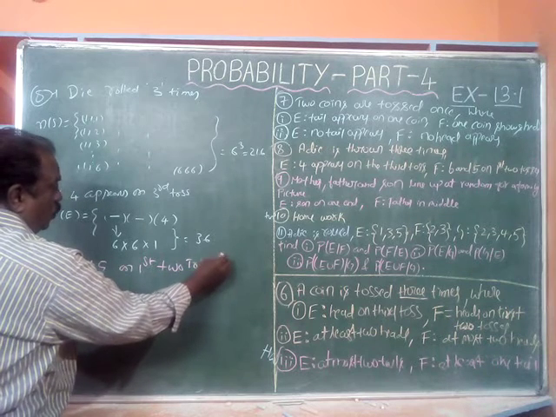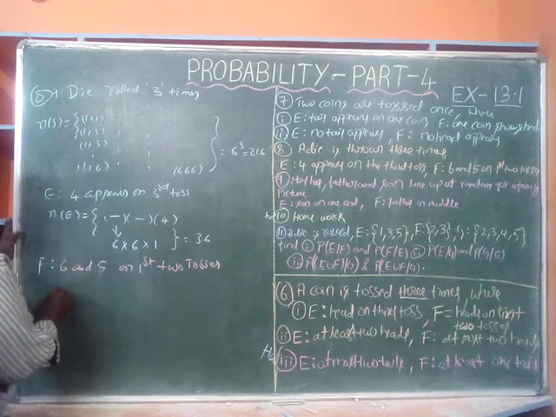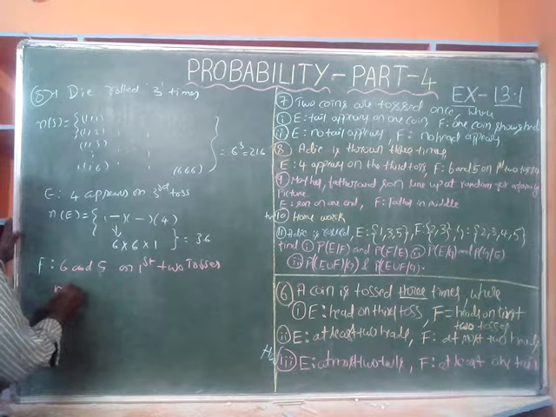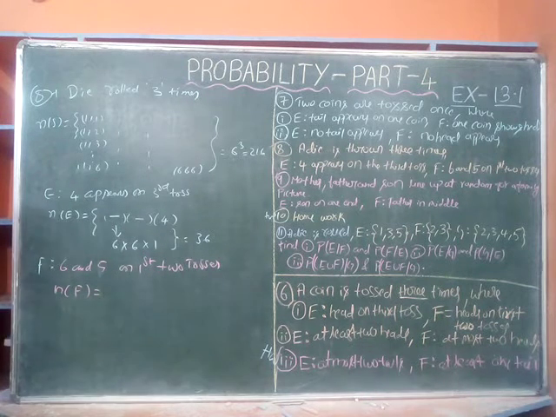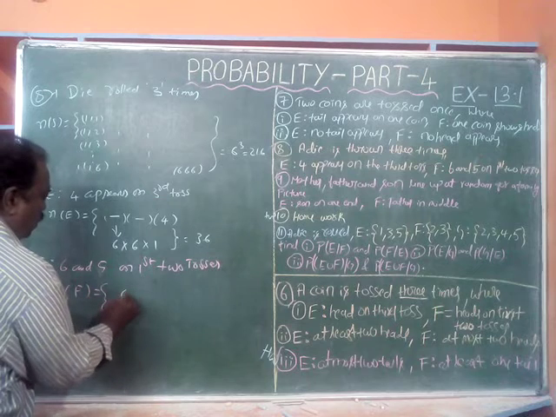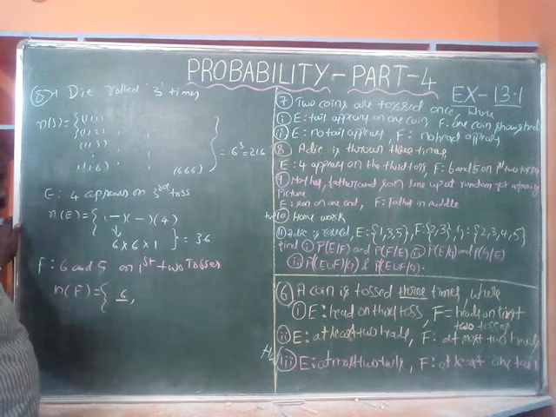So what is n of F? 6 and 5 are appearing on the first 2 tosses. That means it is the first toss.